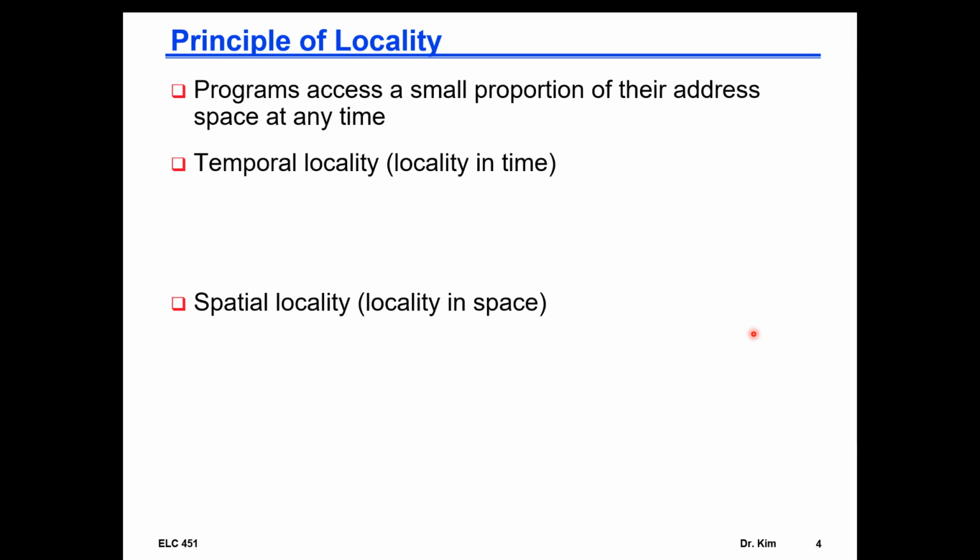If you fetch some words or a word of code, the likelihood is great that you're going to need that word again. Think of a loop, for example. So the likelihood is large. So that's the temporal locality.